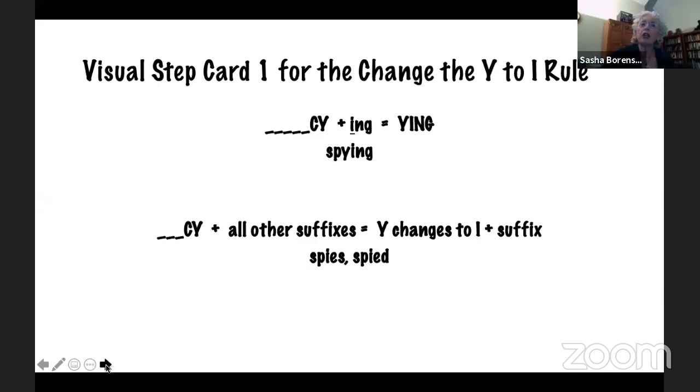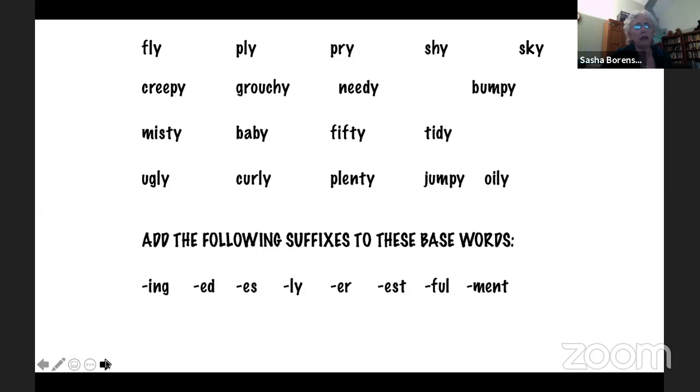Okay, now we're going to go to the second part of the Y rule. One of the reasons that I break these rules apart this way is I have found with my students that I have to be very, very aware of my chunk size. I don't want to put too much in one lesson. I need to be careful not to mix kids up. And here I go giving you all of these rules one after another, which doesn't seem totally fair.